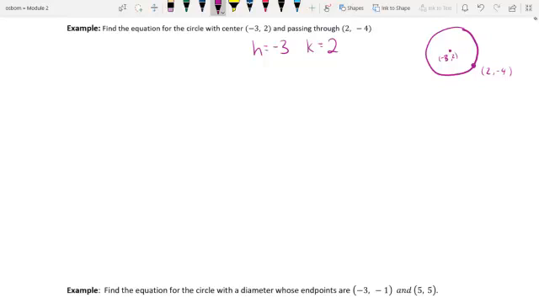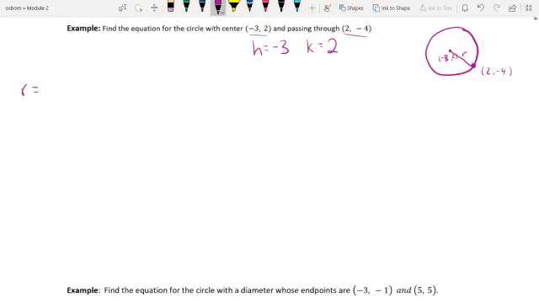Keep in mind that the radius is the distance from the center to any point on the circle. So what we need to do is use the distance formula to find the distance between these two points. Recall the distance formula. I'm going to take r equal to, and I've got two coordinate points.